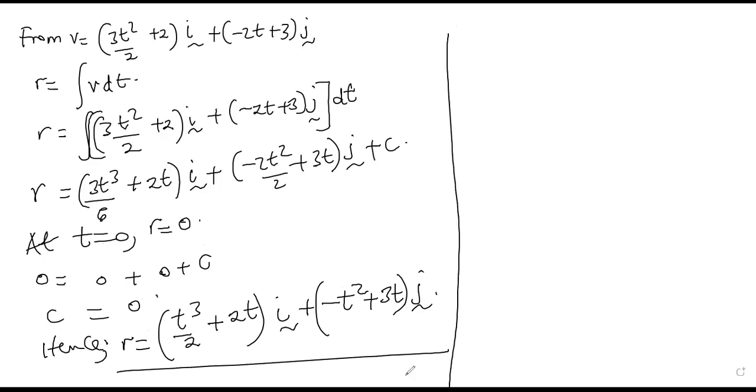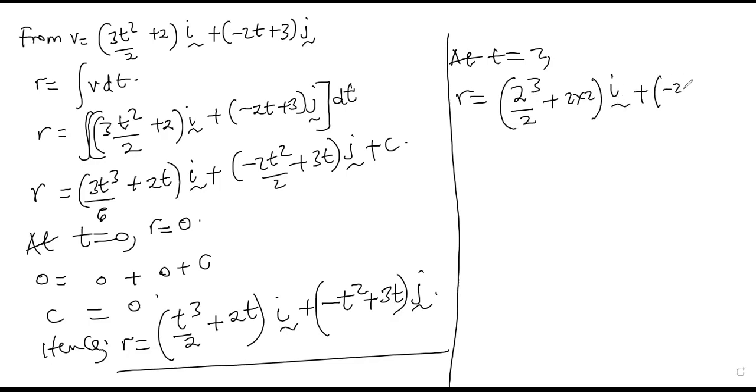So having gotten the value of R, we go to t equals 2, because they told us to find the distance at t equals 2. So at t equals 2, our value of R will be equal to 2 cubed over 2 plus 2 times 2, everything i, plus negative 2 squared plus 3 times 2, then everything here is j.